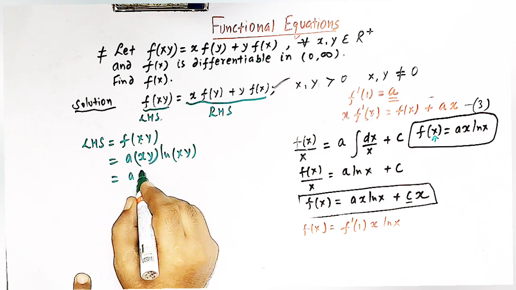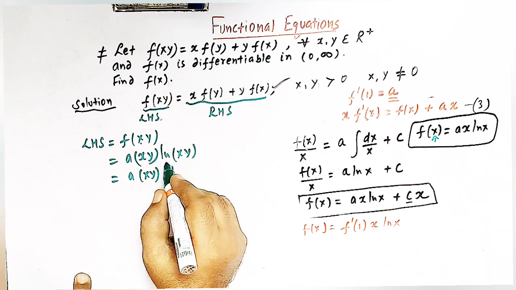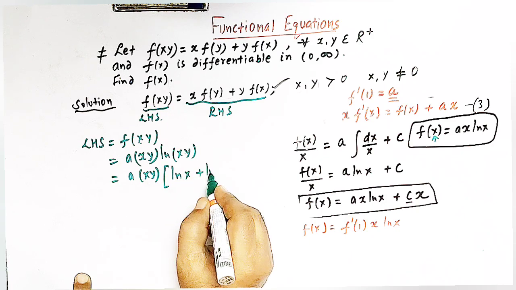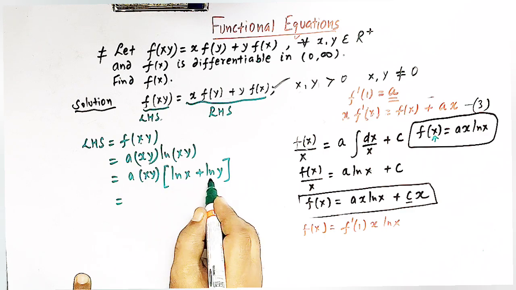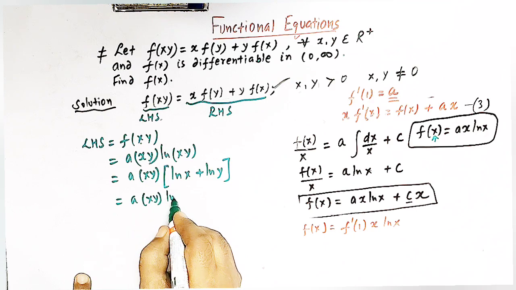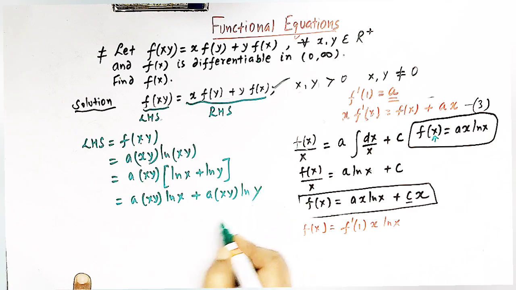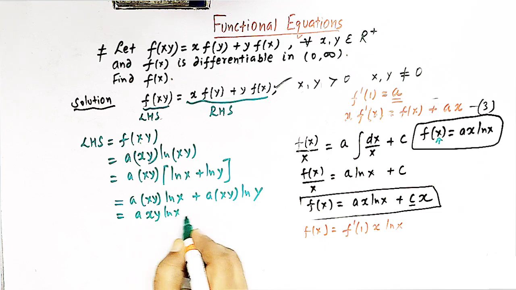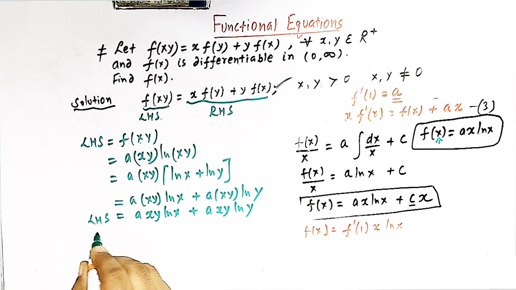Now log of xy can be written with the help of the properties of logarithms, that is log x plus log y, right? Now here if we multiply log x and log y with axy, then we have axy log x, and this is axy log y. So now we can write axy log x plus axy log y. So this is our left hand side.